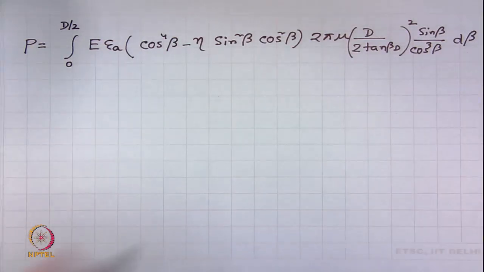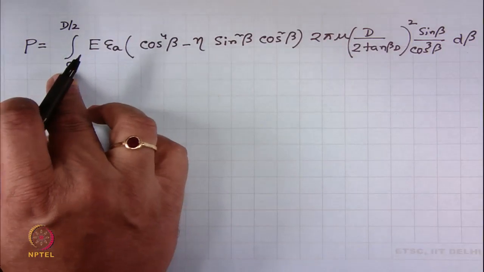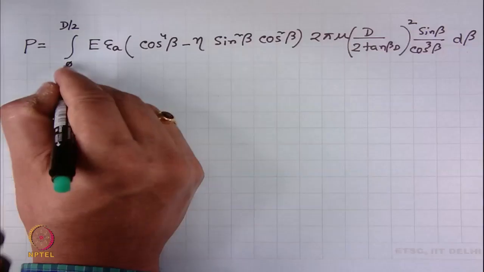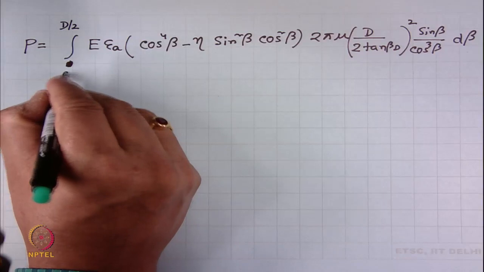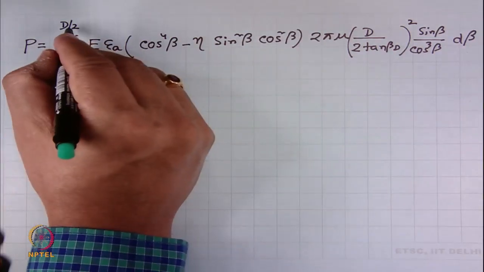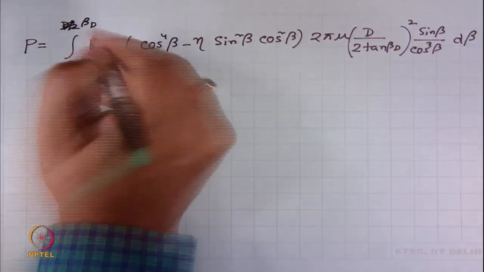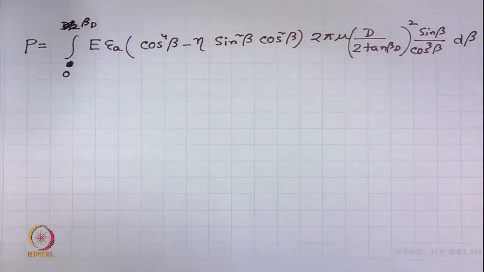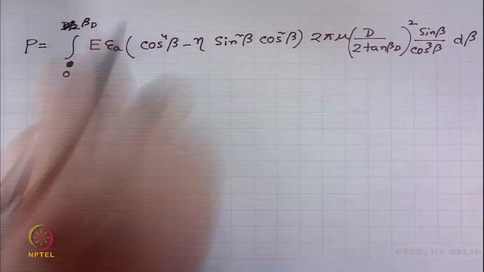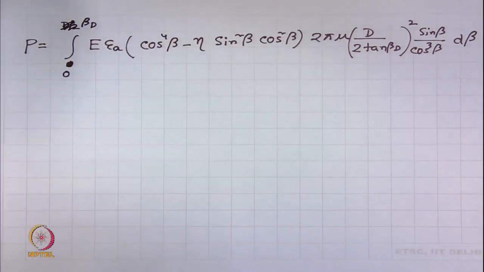When r is equal to 0, this will be 0, and when r is equal to d by 2, the angle will be beta d. So, the limit will change from 0 to beta d.